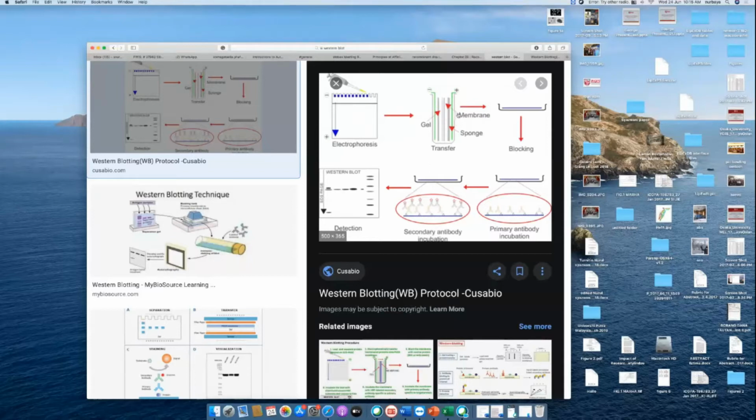After you have transferred to this membrane, you cannot see it, but basically what happened during this transfer is that all the bands, all the protein from this gel, will be transferred to a membrane. From this membrane, you will perform the blocking, and after that, you're going to incubate with the primary antibody, and then a secondary antibody. Then after that, you go for the detection.